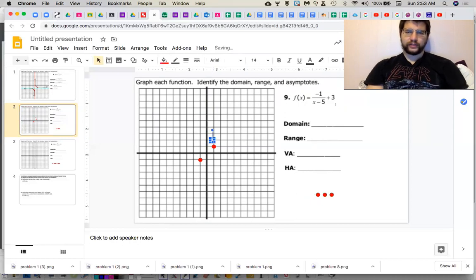We got this one over here. We got this one over here. And something like that. I'll just do the 1 dot each on the next one, so you can see how that would look.